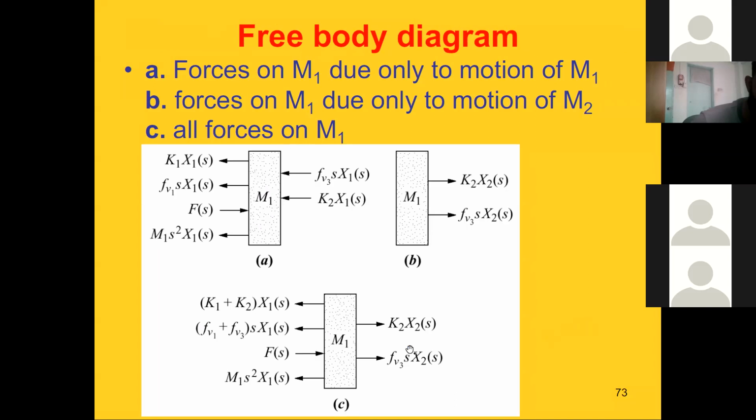From here you don't need to follow the s-domain, just follow the time domain. For example, this one: K1 plus K2 times x1, FV1 plus FV3 times x1 dot, and F2 is the force. So what is the equation you can get from there?